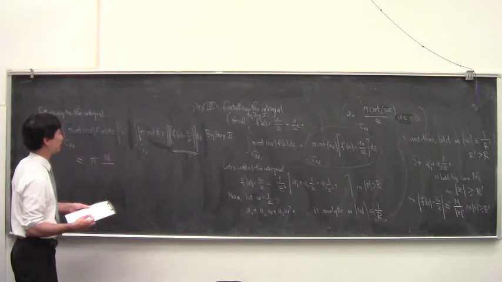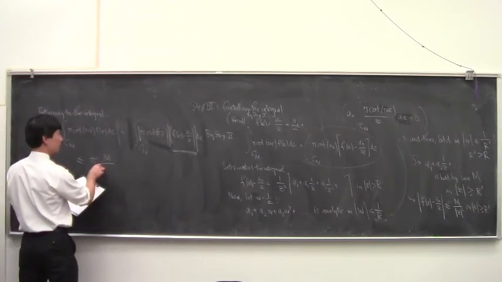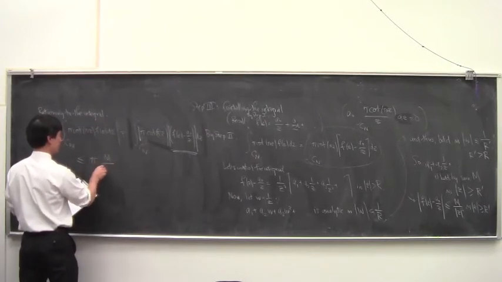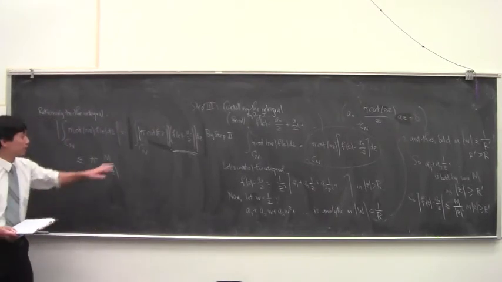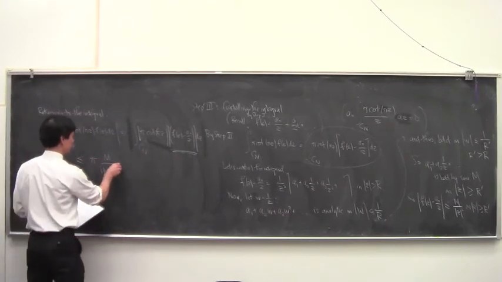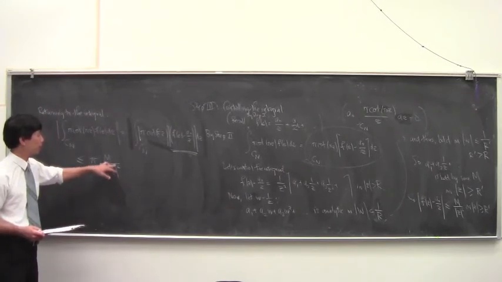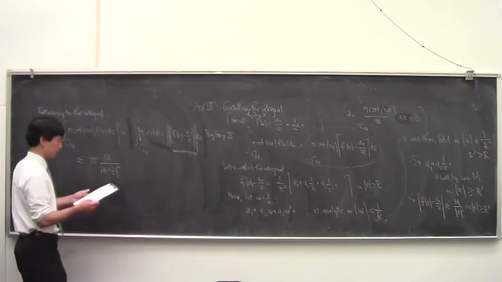But z is bigger than n plus 1/2 in modulus, because we're on Cn. So 1 over modulus of z squared is smaller than 1 over the modulus of n plus 1/2 squared.